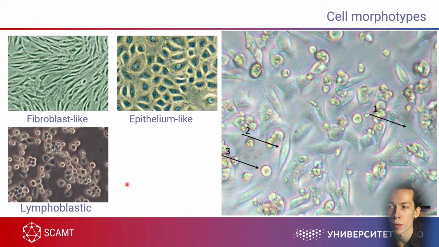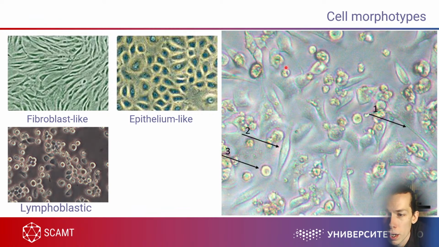When we're talking about cell morphologies, here, for example, you see just one cell culture.